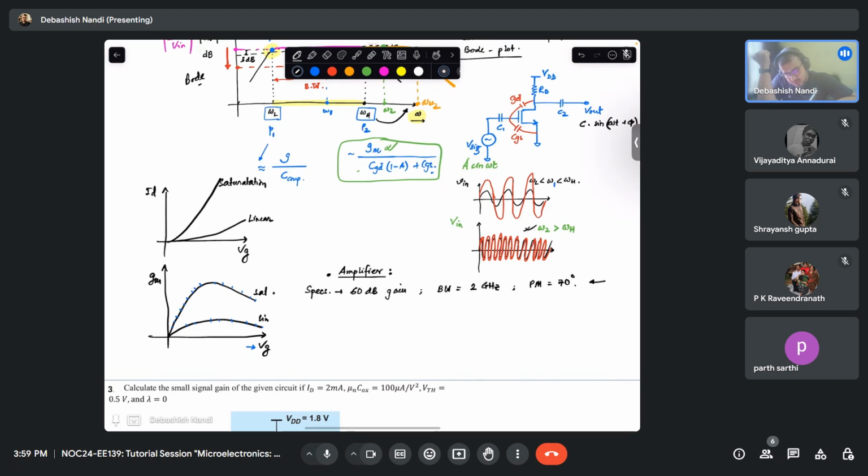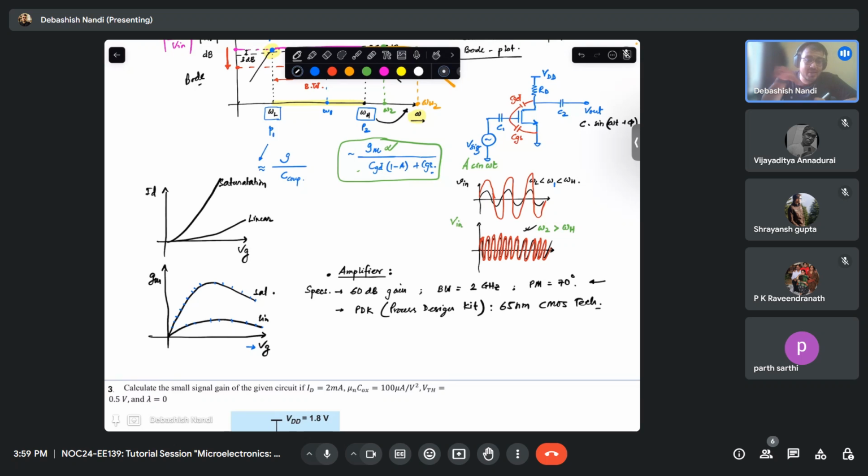So what he'll do: a foundry or the fabrication unit, let's say TSMC or Global Foundries, provide them a certain tool that is called PDK or Process Design Kit, which specifies all, let's say for a 65 nanometer CMOS technology, okay.